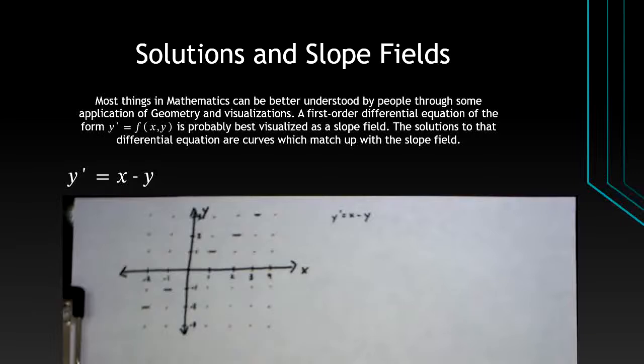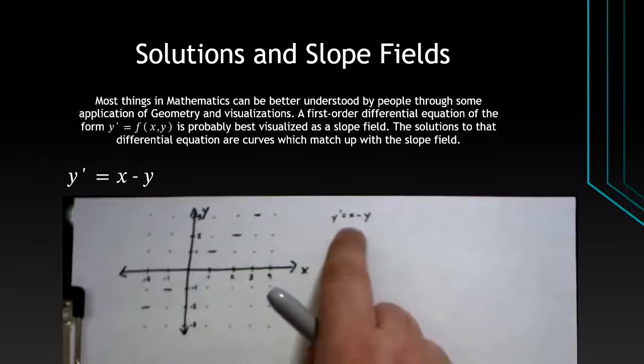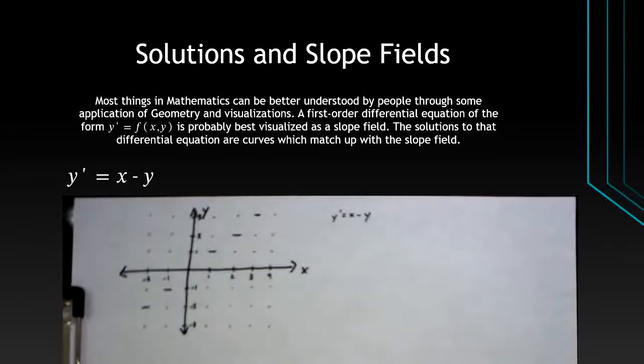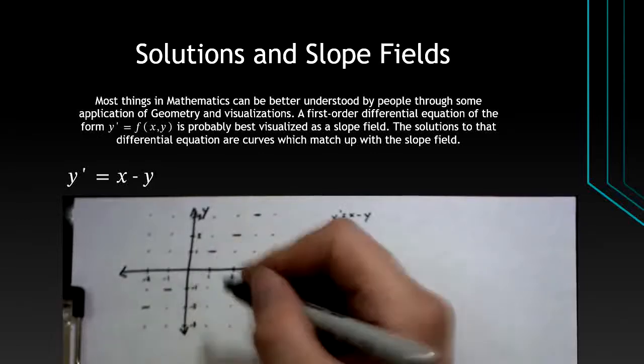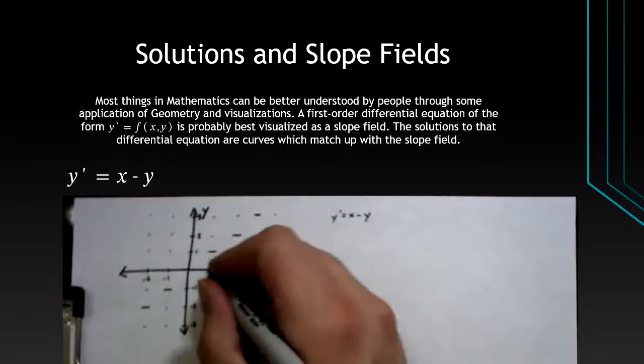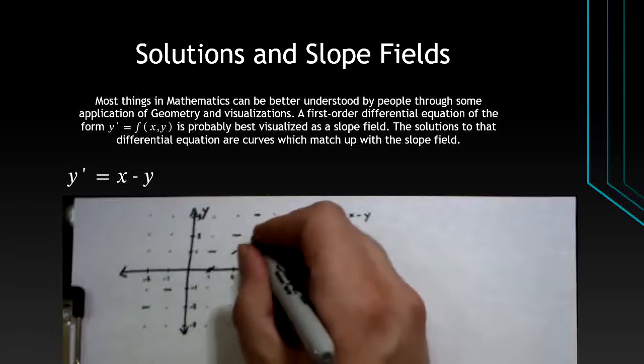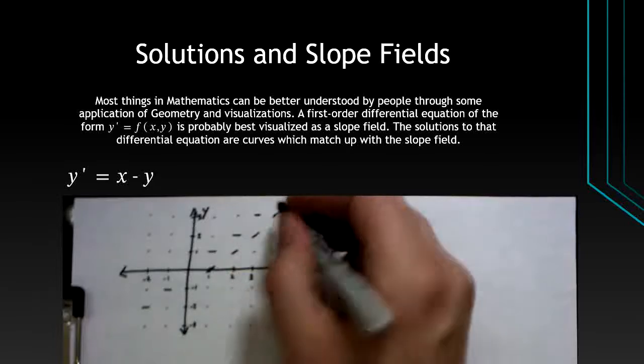So what we could also do is go through different slopes. We could say, all right, when will y prime be equal to 1? Y prime will be equal to 1 when x is 1 more than y. That will happen here on the line y equals x minus 1. So we'll have a slope of 1 there, and there, and there, and there.